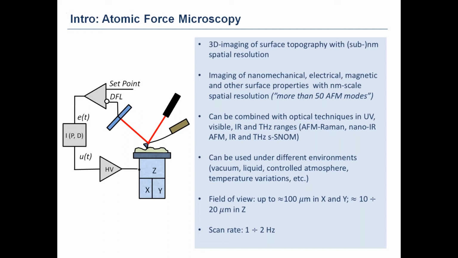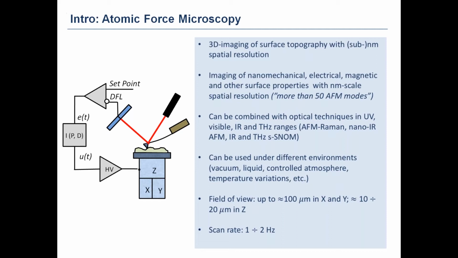For marketing purposes, we usually say that we have more than 50 AFM modes, and every day new AFM modes appear in the community for new applications, to measure samples that were not measured before, or to measure properties of a sample that have never been measured before.